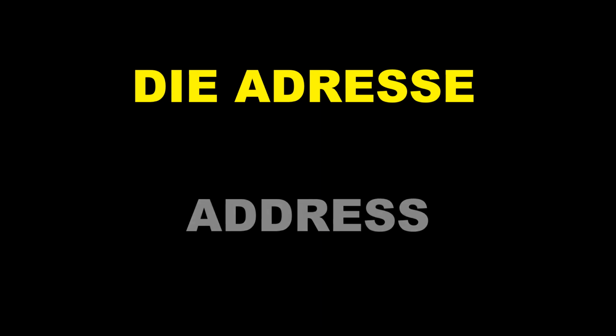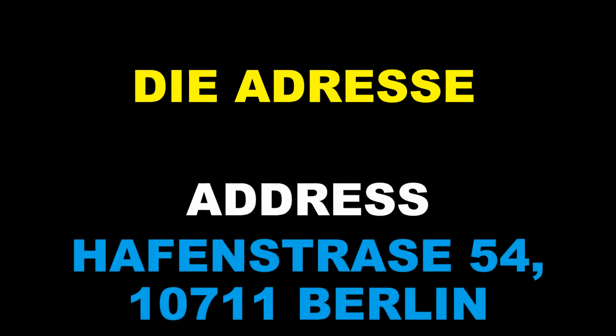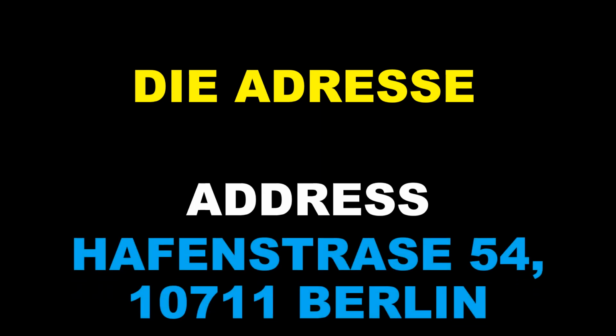Next one is the Adresse, the address. So for example, if you are living at this address, Hafenstraße 54, 10711 Berlin. That should be the order of your address. It is slightly different from the English one.